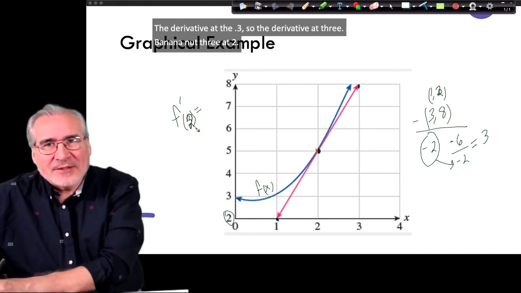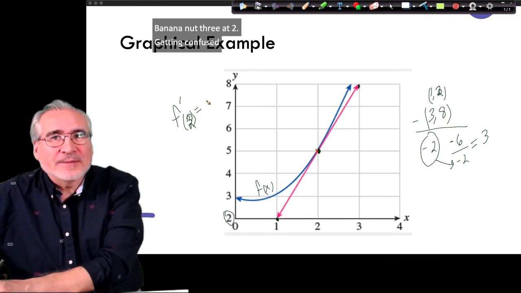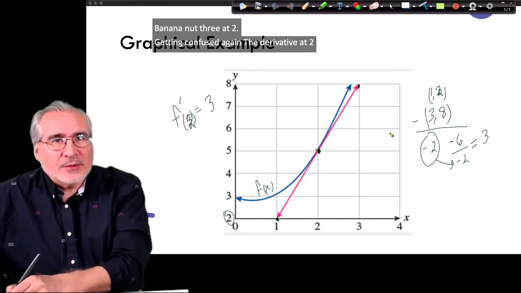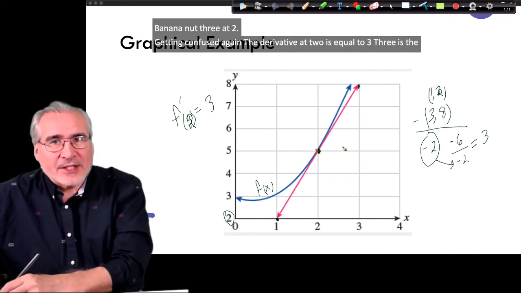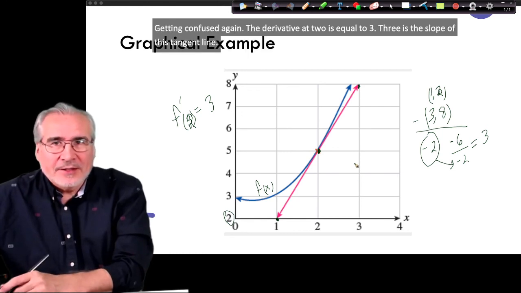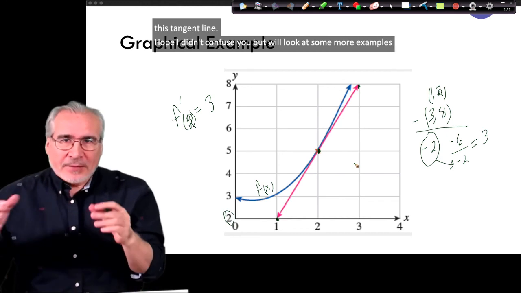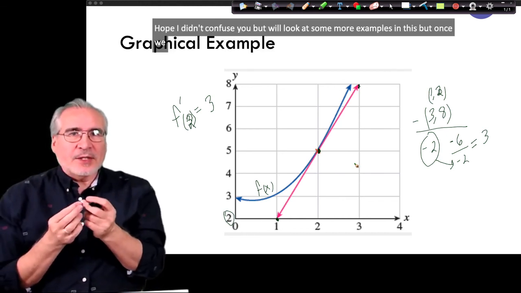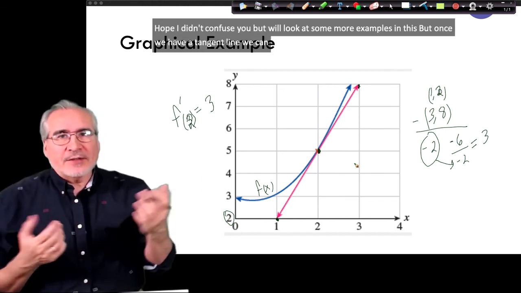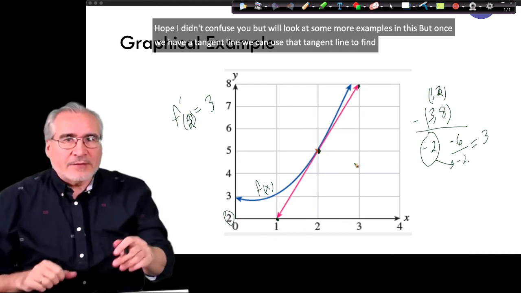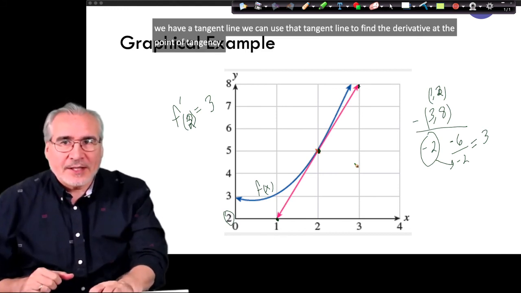I'm getting confused again. The derivative at 2 is equal to 3. 3 is the slope of this tangent line. Hope I didn't confuse you, but we'll look at some more examples. But once we have a tangent line, we can use that tangent line to find the derivative at the point of tangency.